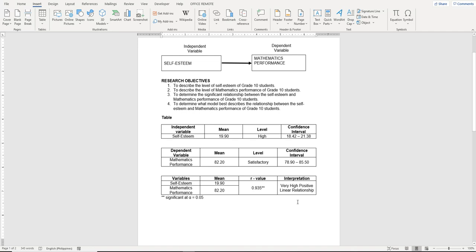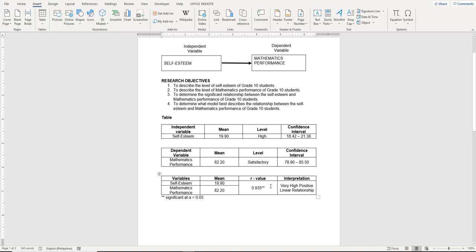Okay, so let's try to discuss the table. The focus of this table is to answer research objective number 3, which is to determine the significant relationship between the self-esteem and the mathematics performance of grade 10 students. Based on our MegaStat results, the R value here is 0.935 with two asterisks. That means that it is significant at 0.05.